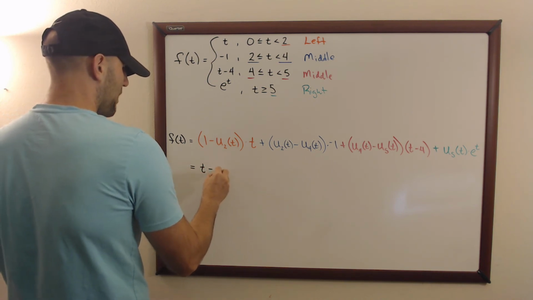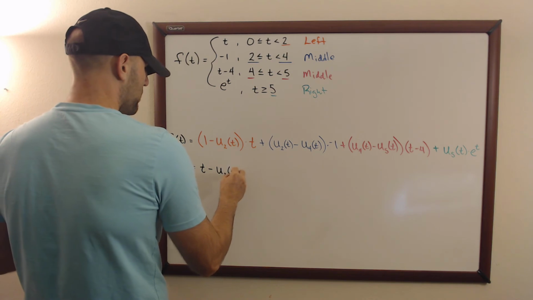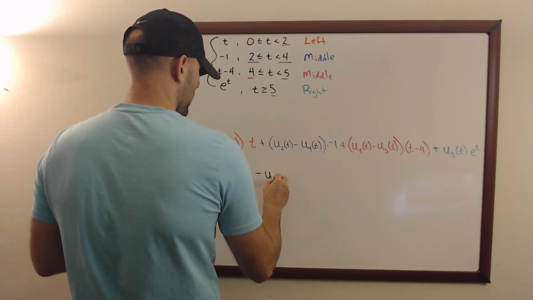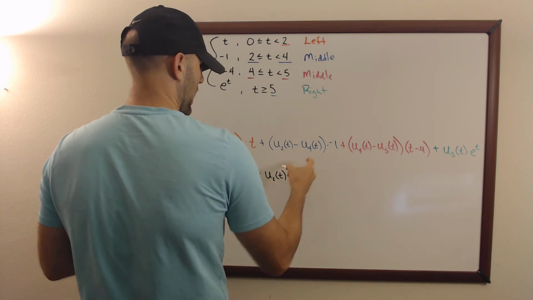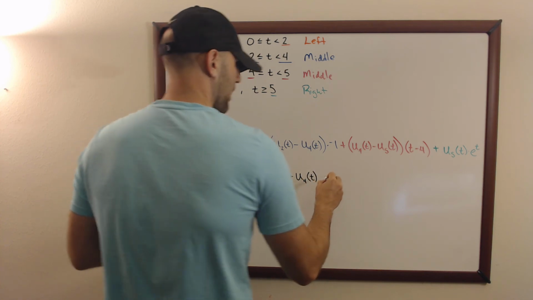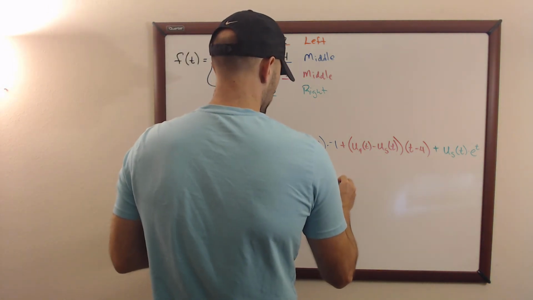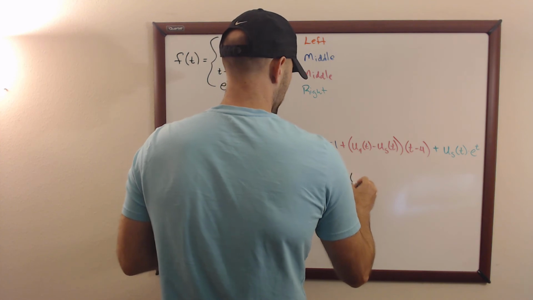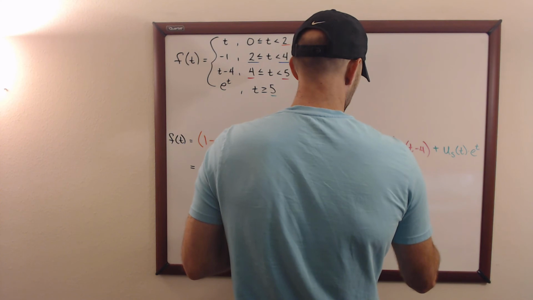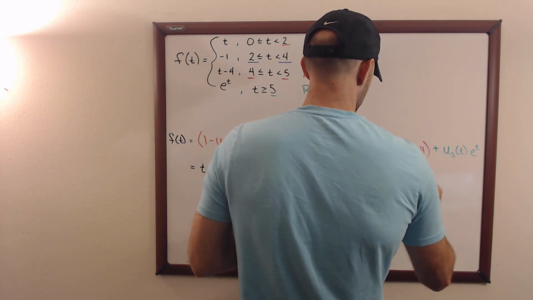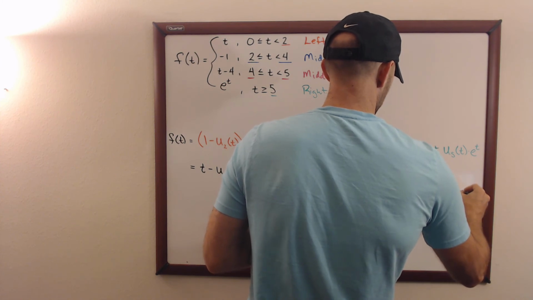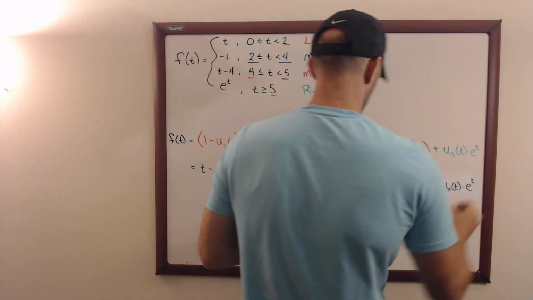This is t minus u sub 2 of t times t minus u sub 2 of t, distributing the -1, plus u sub 4 of t times t minus 4 minus u sub 5 of t times t minus 4, plus u sub 5 of t times e to the t.